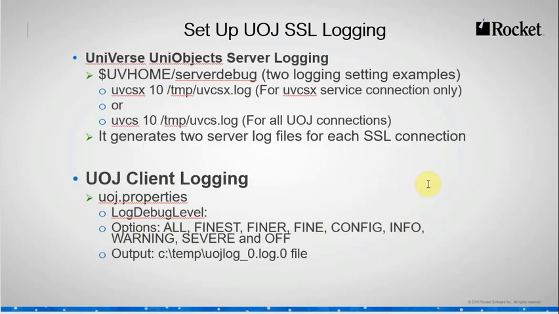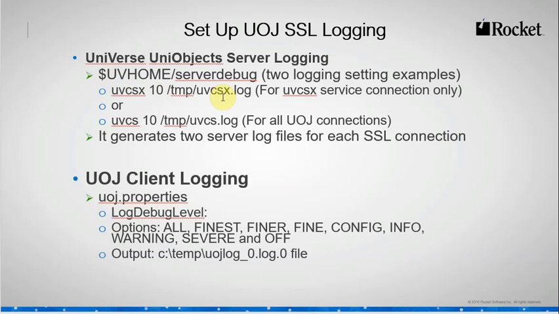On logging, if you have some SSL issue, you can try to turn on the UOJ server logging. Basically, the file is called serverdebug. Put it in the UV home directory. If you put UVCSX on the first line, you will only generate the log file just for the UVCSX service. If you just put UVCS generally, then we log everything for all the UOJ connections.